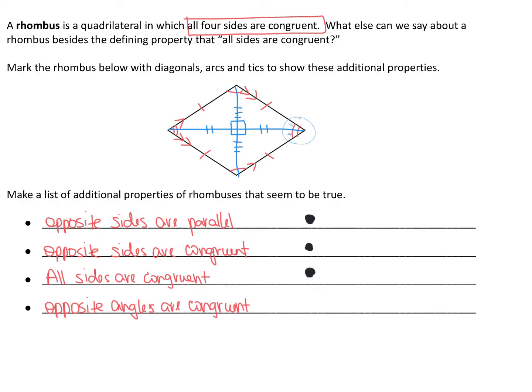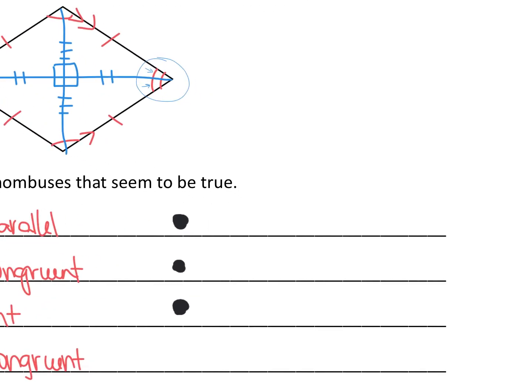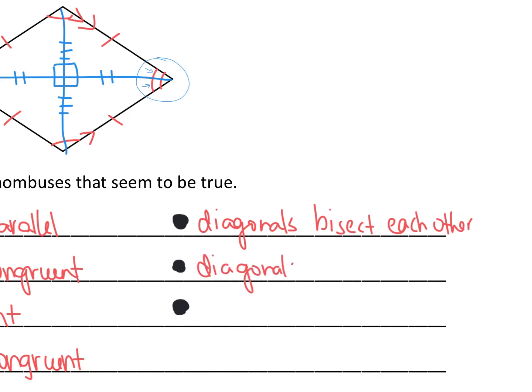So our first bullet point about the diagonals was that they bisected each other, right? So they cut each other in half. So diagonals bisect each other. Let me fix that. There we go. Okay, our next one was diagonals are perpendicular. They formed those 4 90-degree angles in the middle.